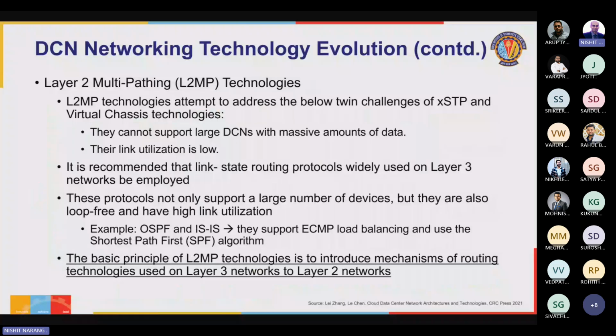And why? I said I will do that because layer 2 networks are self-configuring, self-learning, and they switch very, very fast because of hardware-based switching. Those benefits made me make those choices of the protocols to be used.